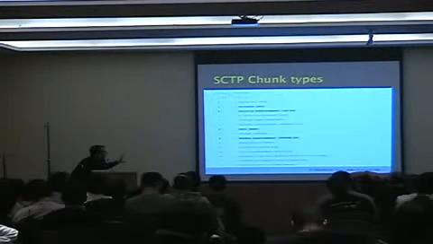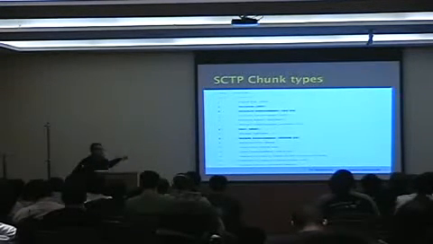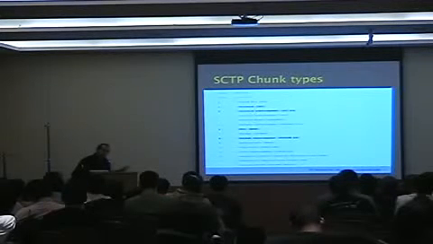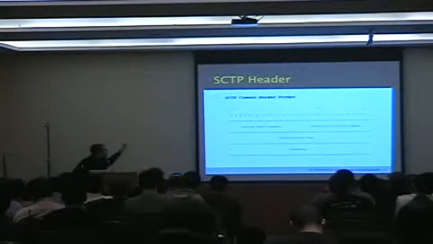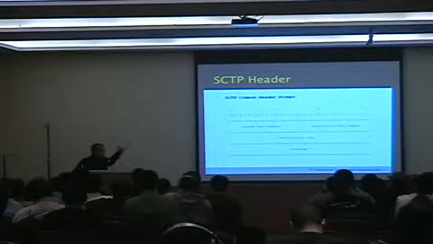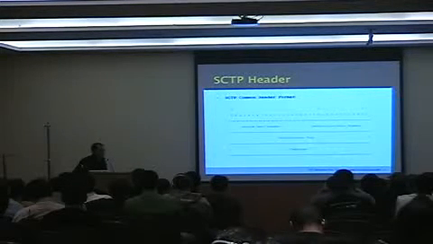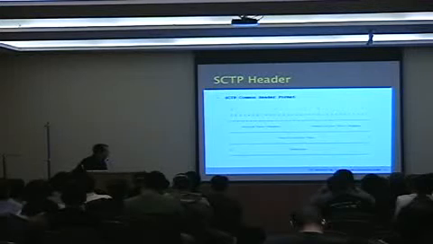And inside each packet, different chunks mean different kinds of ordering of parameters, and in each of these packets you have what you get in any kind of protocol, which is a source and destination.